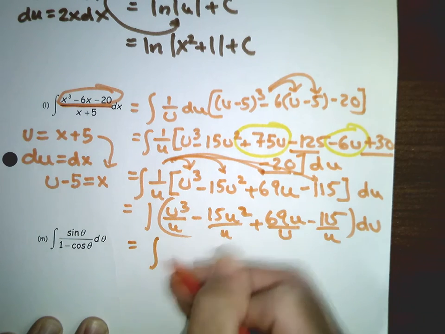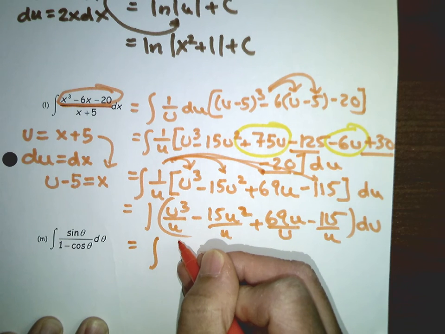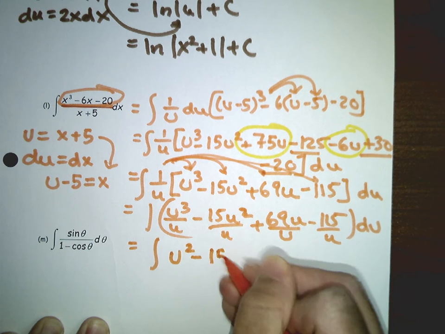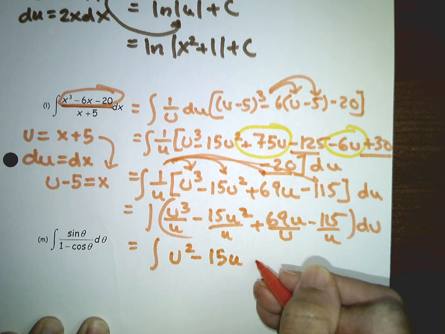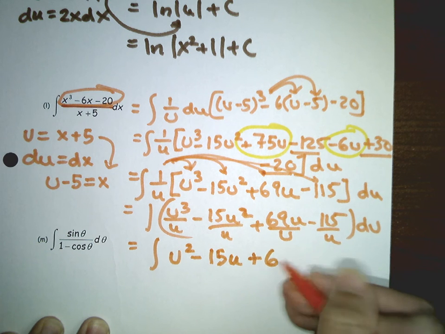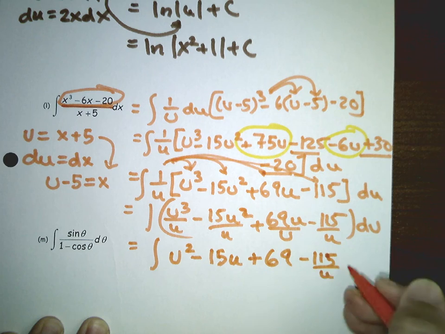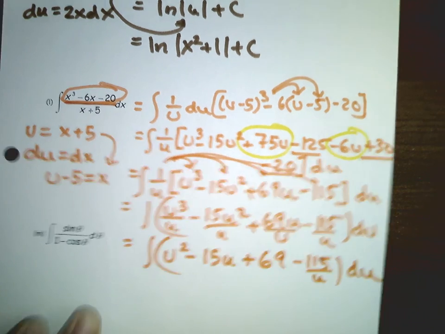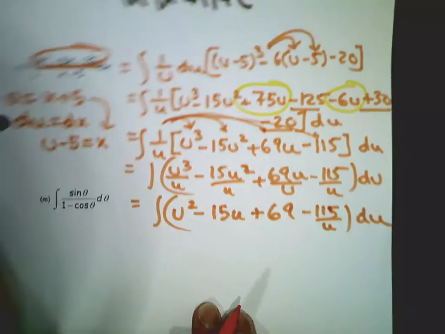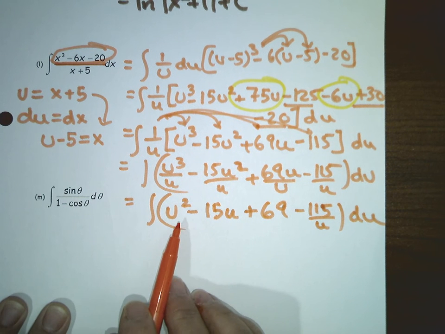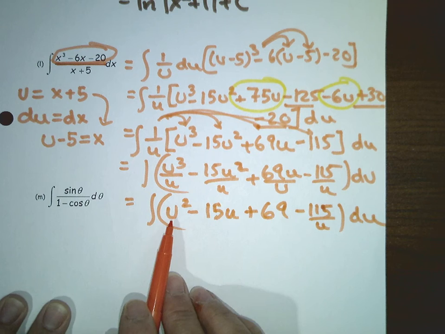So now, what do we have here? So we have integral of u squared minus 15u plus 69 minus 115 over u du, and then go ahead and simplify all of these. So let's find the antiderivative.